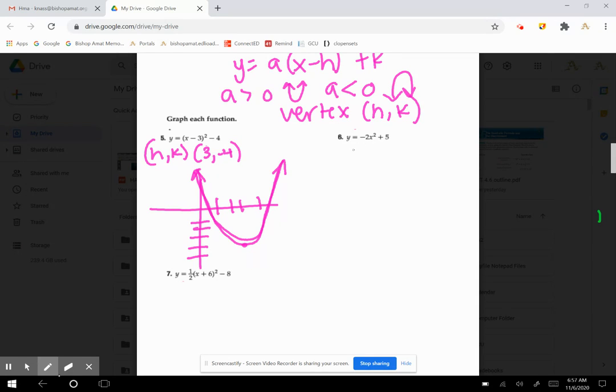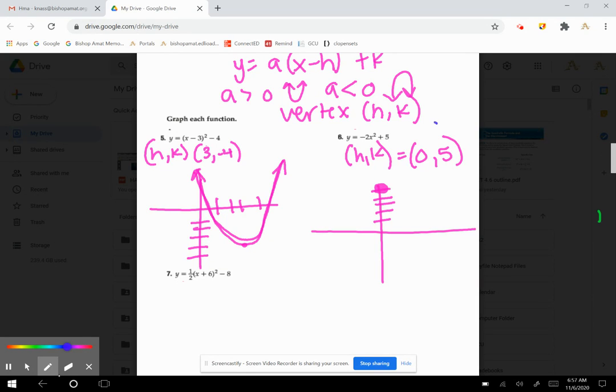This one here, your h comma k, your h is 0, your k is 5. So if you graph that one, it's going to be up here. The other thing we want to recognize is that a is equal to negative 2, so negative means it's going to go down. Again, we're going to use our calculator to get accurate points.